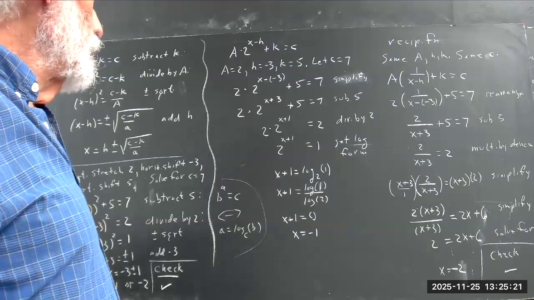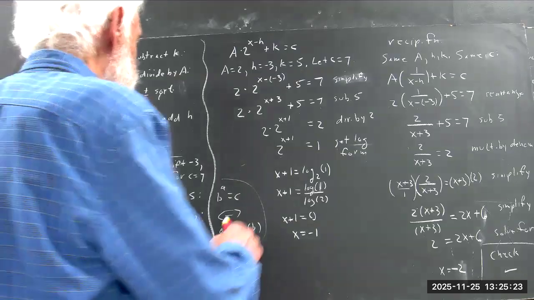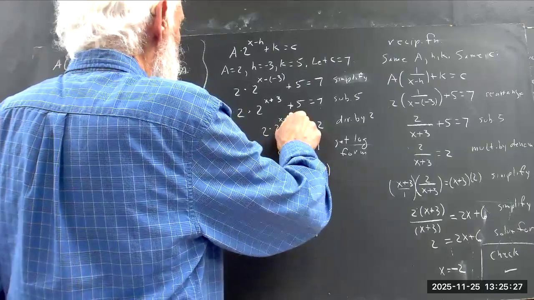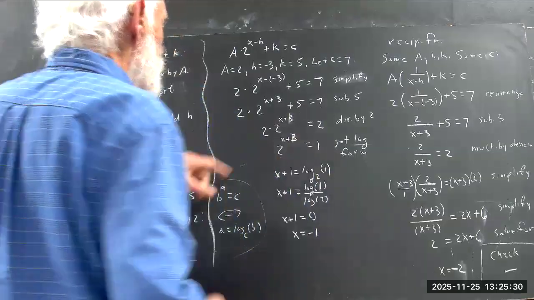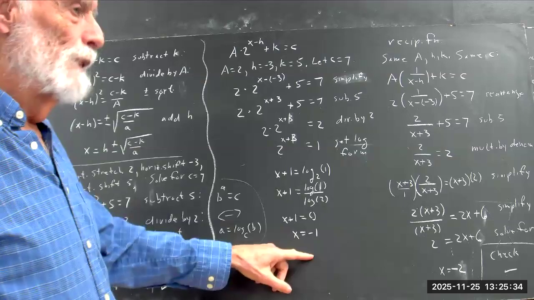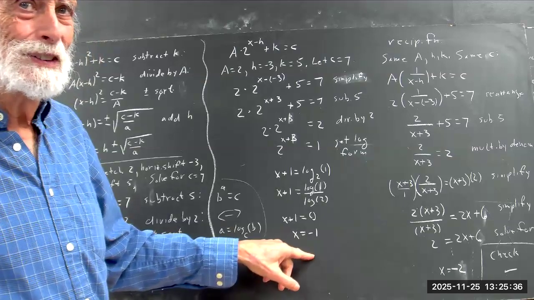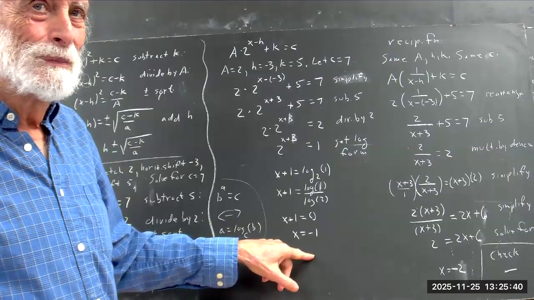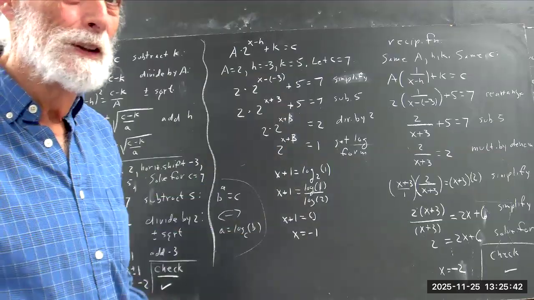The problem is that it wasn't 2 to the x plus 1, it's 2 to the x plus 3. When I did this in the support class, I didn't check. So here I am with a bonehead error for everybody to see.